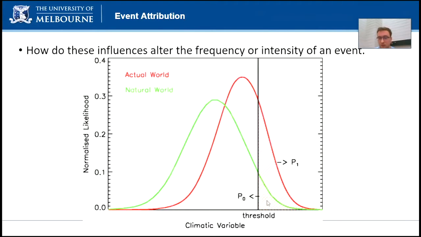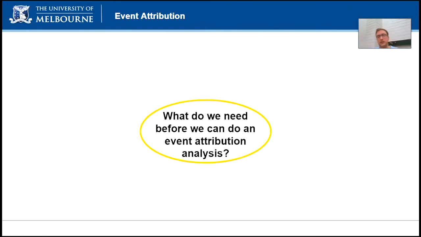So, for example, if this was a temperature distribution and we were looking at something exceeding, say, the 90th percentile in a natural world, and it was maybe the 70th percentile in the world of today, then we would say this kind of heat extreme is about 3 times more likely due to anthropogenic climate change. So that's the basic idea.